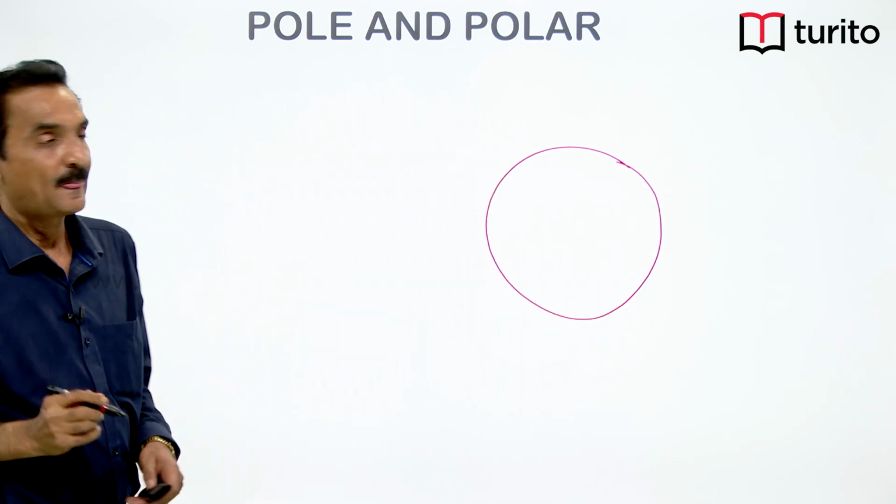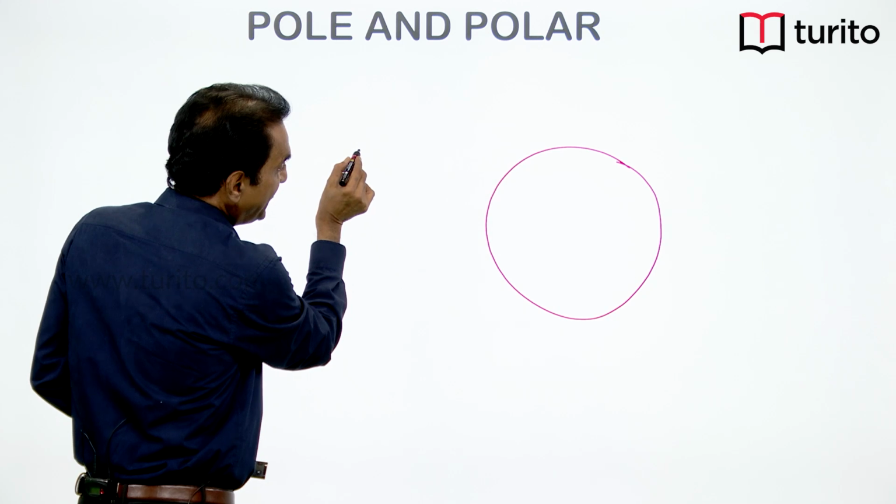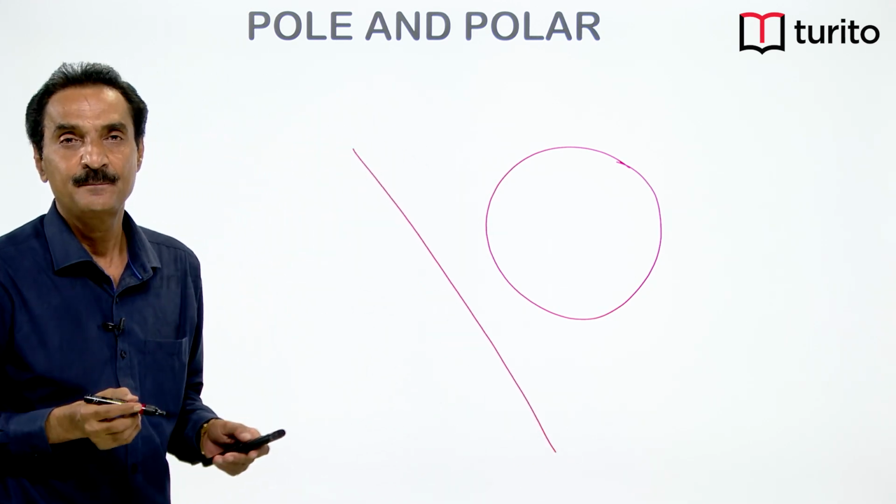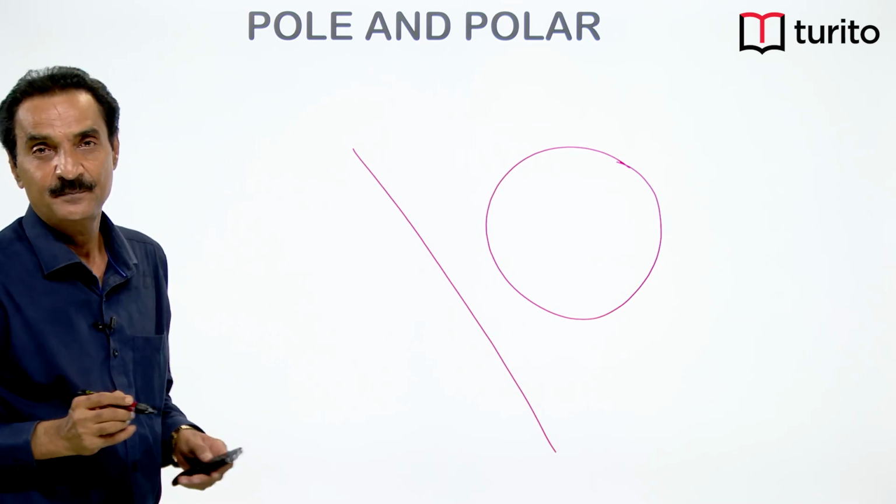This is a circle. Take some fixed line and a fixed circle.